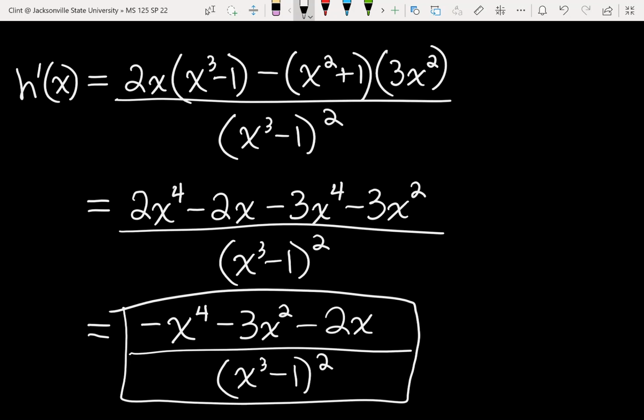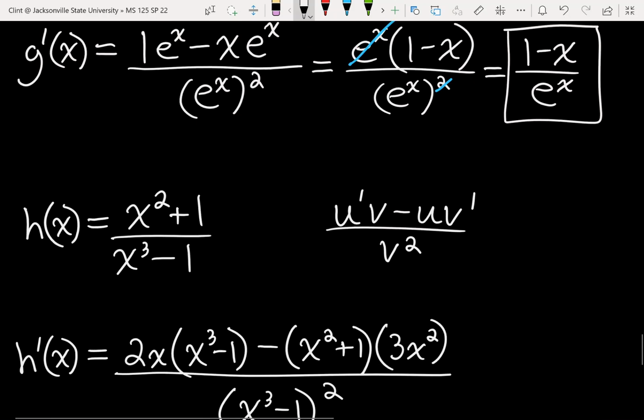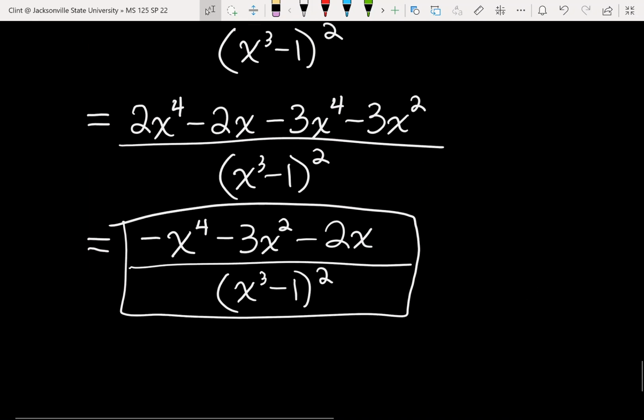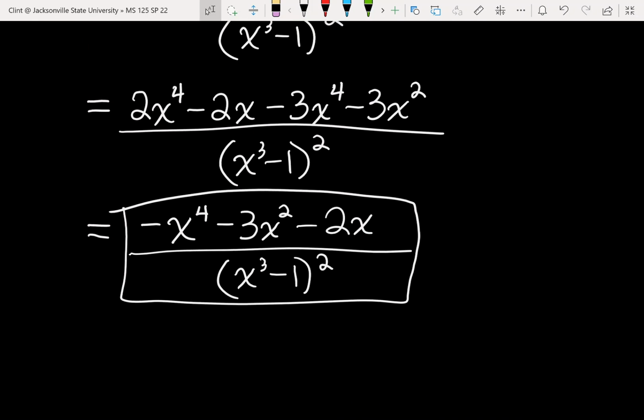Just in general, it's not like that happens every time or anything. It was just when we had e to the x, that's a pretty nice function to be working with. That's good.